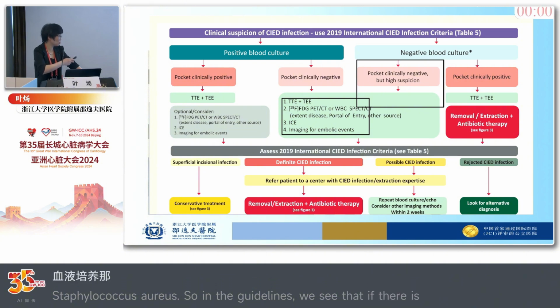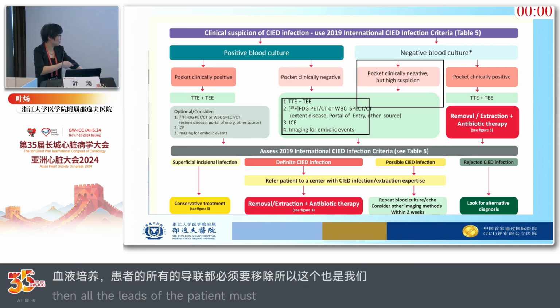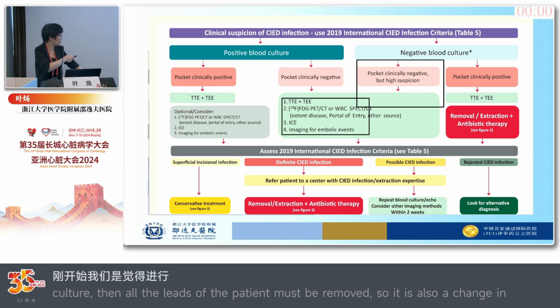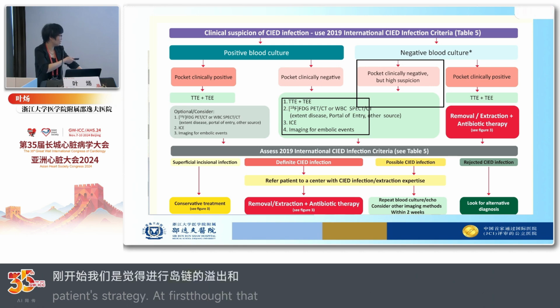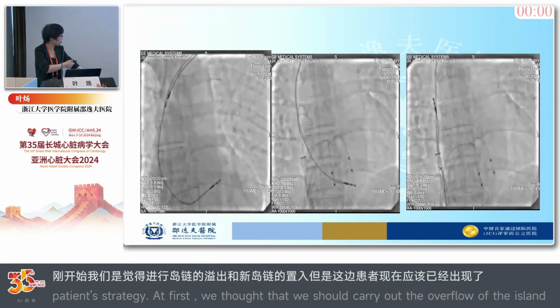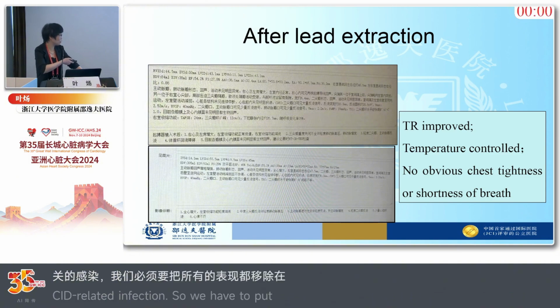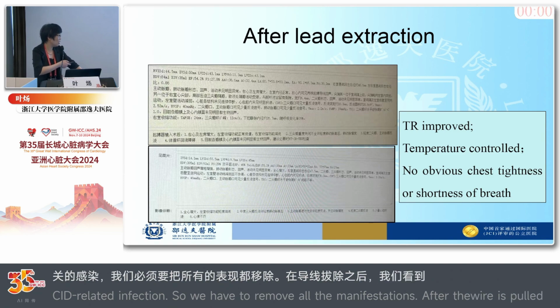It's a different strategy for this patient, because at the beginning we just planned to remove and implant another lead. But the patient at that moment was defined as CIED infection, so we removed all the leads. After lead extraction, the TR improved, the temperature was controlled, and there was no obvious chest tightness or shortness of breath.